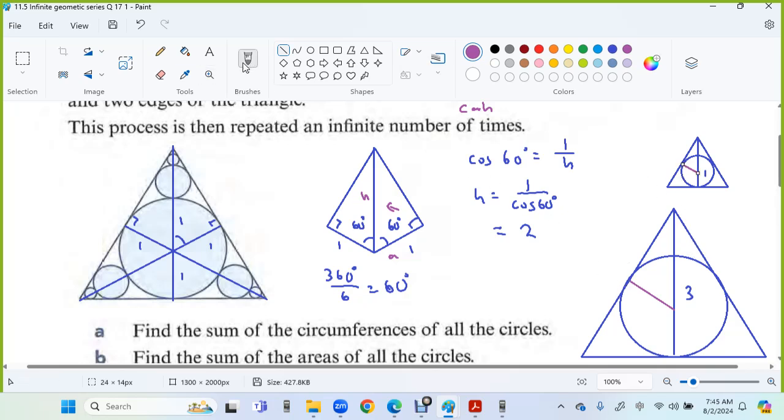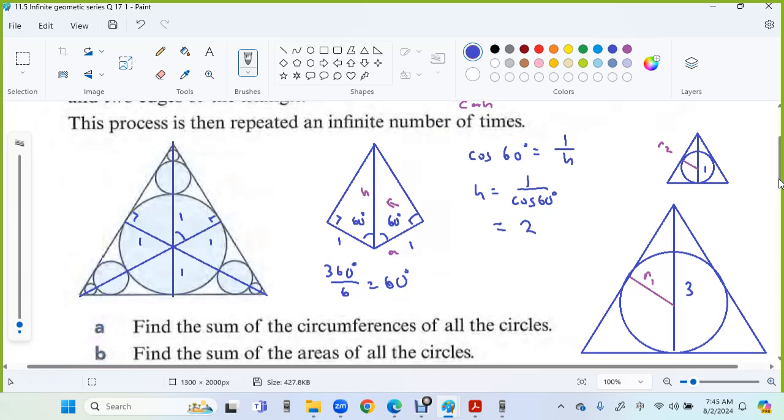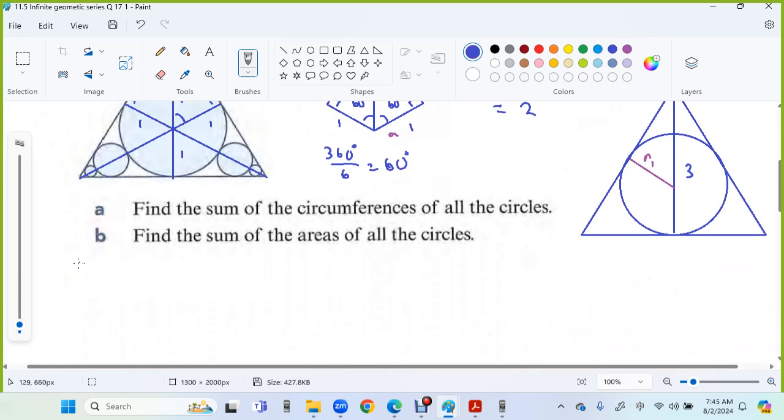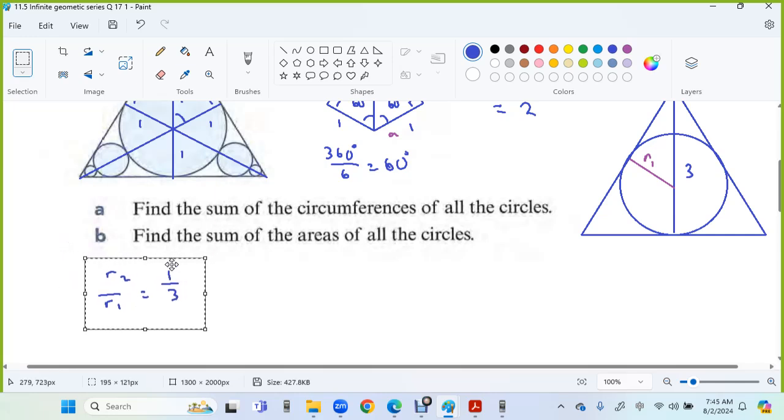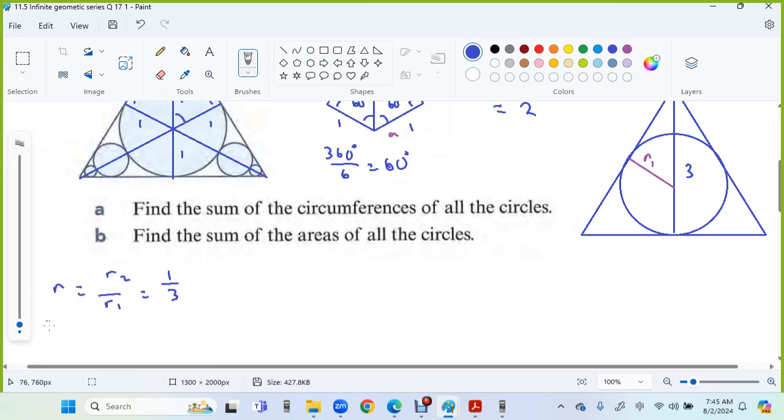So this is R1 and this is R2. We know that R2 over R1 will be 1 over 3. So radius 2 over radius 1, this is the common ratio, which is 1 over 3.